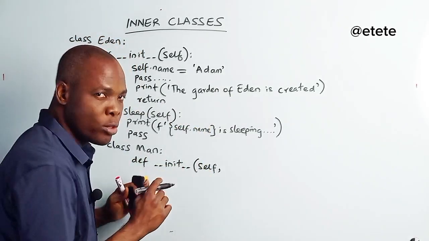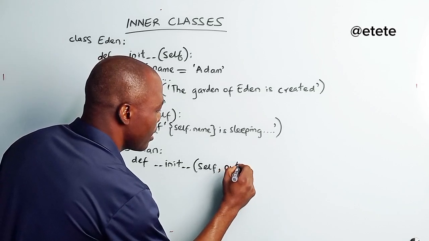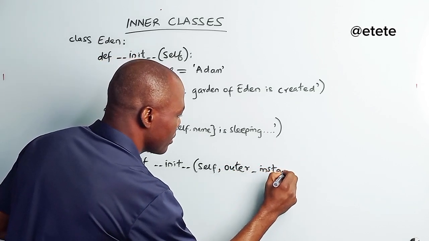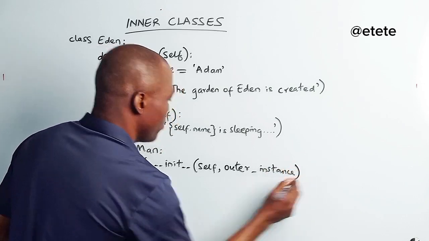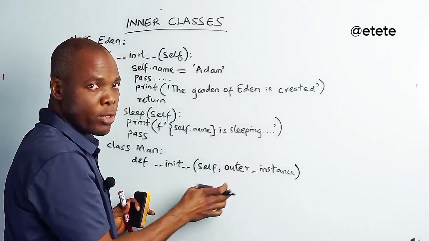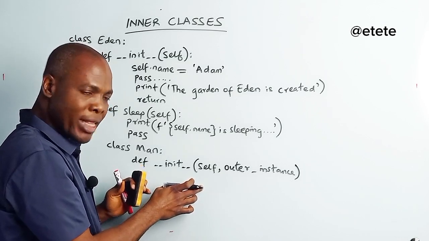So here I am going to supply outer_instance, which is the instance of this outer class, is going to be supplied to this inner class.